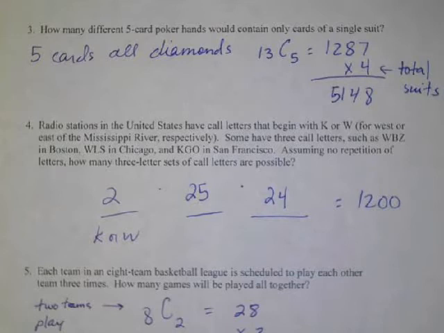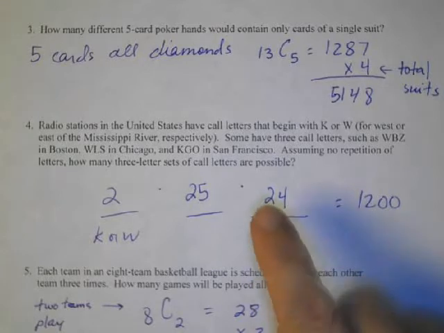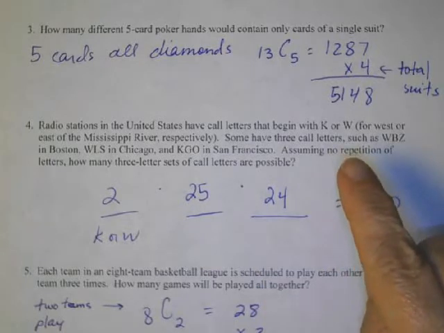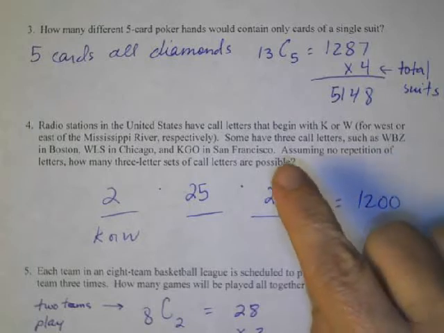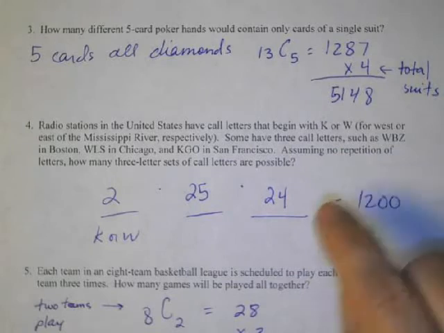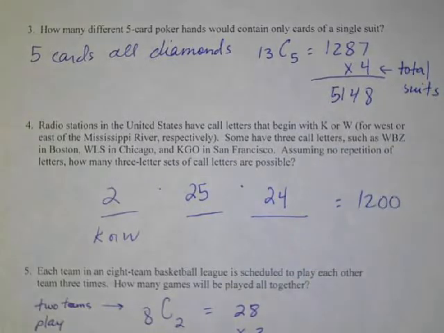The next one is call signs for a radio station. It says that in the United States, call letters begin with K or W. And then they have 3 letters total. Assuming no repetition of letters, how many 3-letter sets are possible?